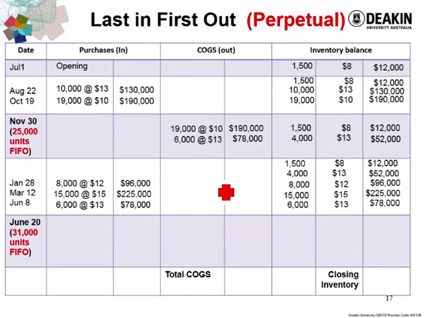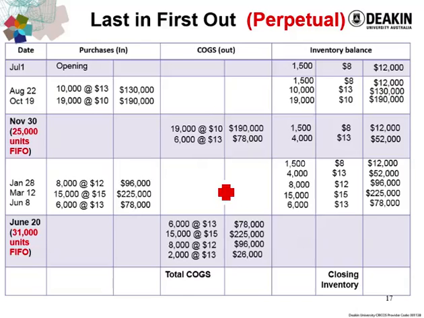On 20th June, we sell 31,000 units. So in the out column, we first get rid of the first 3 lines of the existing balance, namely 6,000 units at $13 each, 15,000 units at $15 each, 8,000 units at $12 each, and the remaining 2,000 units at $13 each.